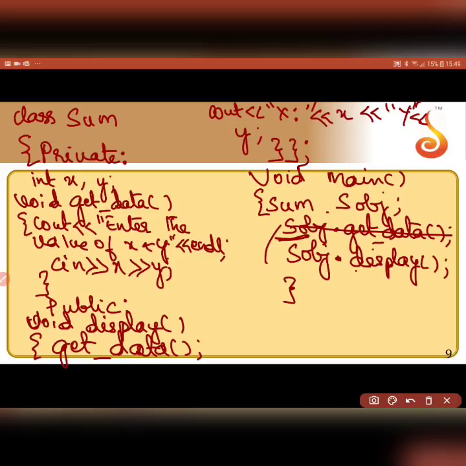So display will execute this here, and what is the first line? It is the function call. This is a function call, right? So where is the function? The function is here. It will go and execute this, take in the values of x and y, then the next line prints them. This is called indirect calling, that is, calling a private function in a public function of the class.